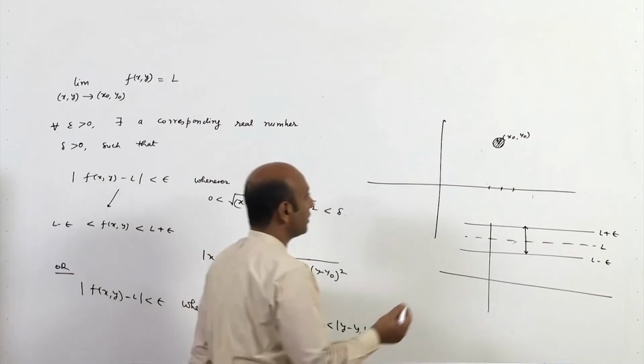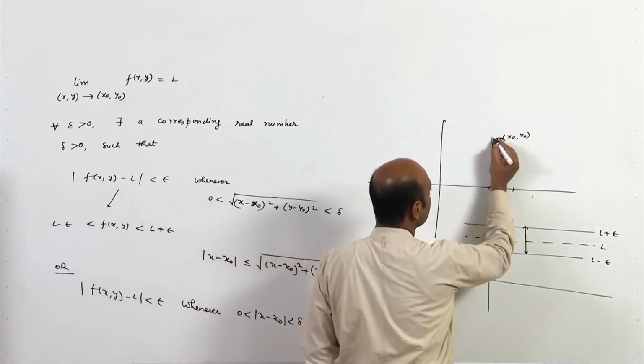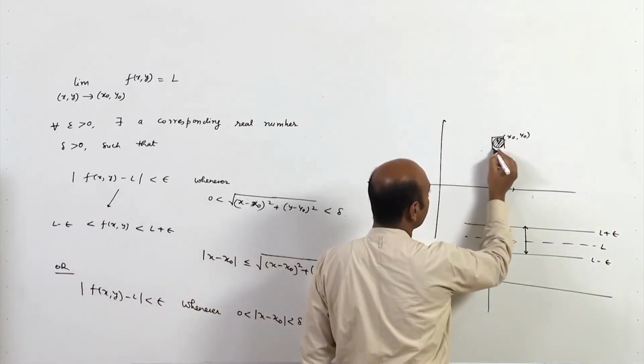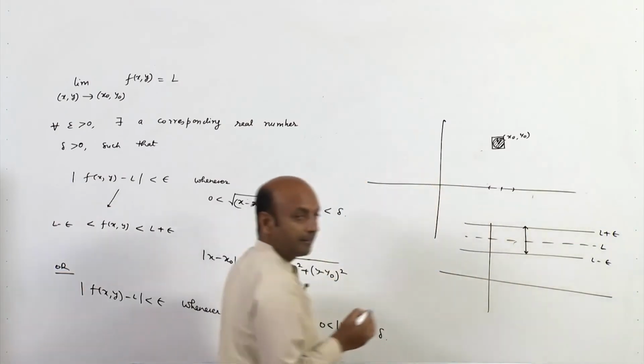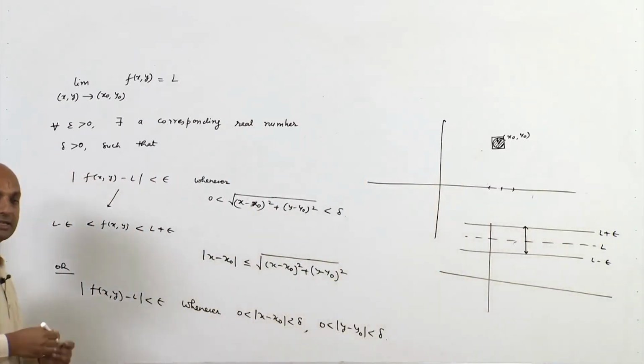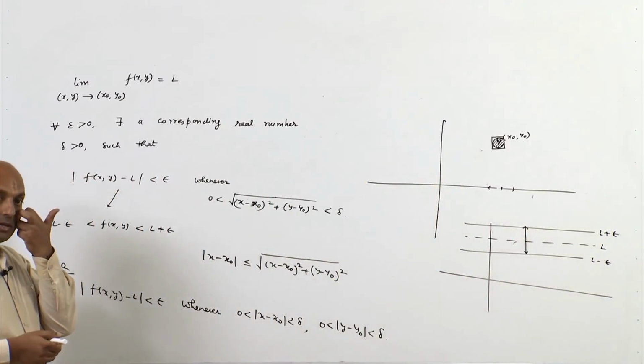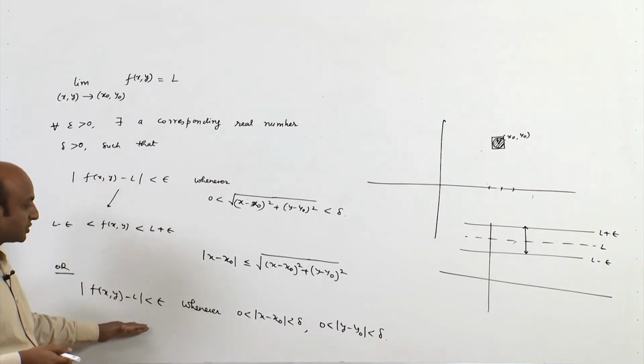That means, instead of a disk it may be a rectangle. Instead of a disk it may be a rectangle, then also we can apply the same definition.